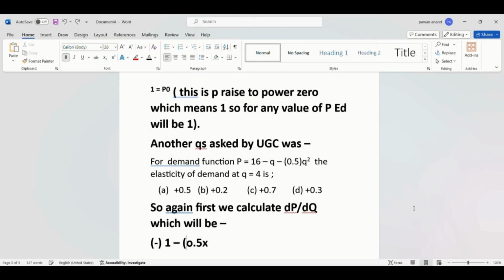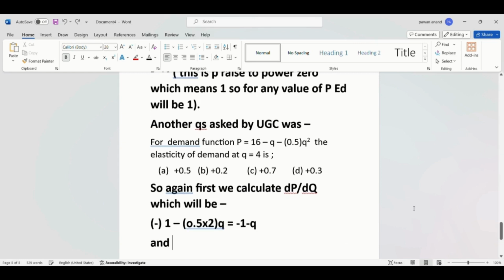So it will be minus 1 minus 0.5 multiplied by 2 into Q, which is actually minus 1 minus Q. This is the slope of this inverse demand function. If you have any query on how to calculate slope, you can write to me in my email or in the comment box. I'll make a separate video on how to do first order differentiation of a power.